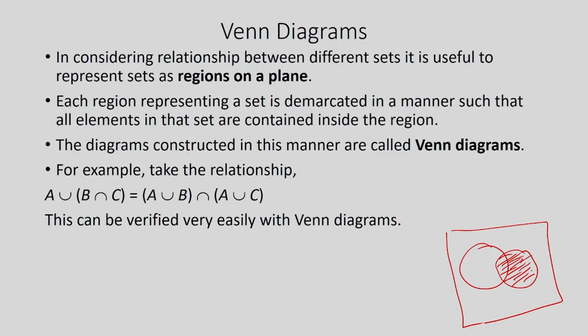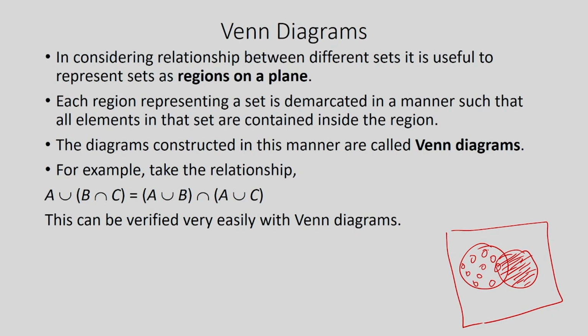So, you have this region here, all the elements of this set are inside this shaded region, right. And you have this other set, and all elements are inside this region. Okay. So, this is just a visual way to represent sets. The diagrams constructed in this manner are called Venn diagrams.